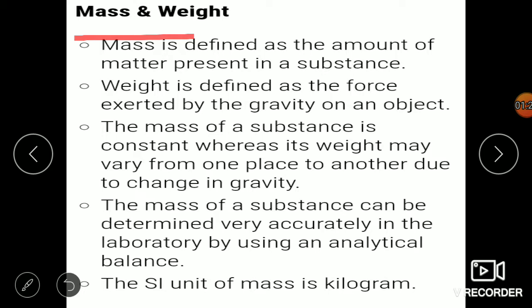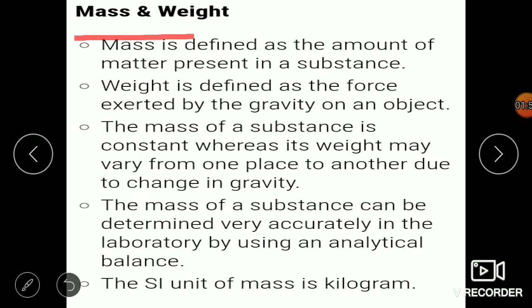Next point, the mass of a substance is constant. Do remember, the mass is always constant in the universe, whereas its weight may vary from one place to another due to change in gravity. So if your weight is 60 kg on earth, what will be your weight on the moon? It will be 1/6, that is equal to 10 kg.